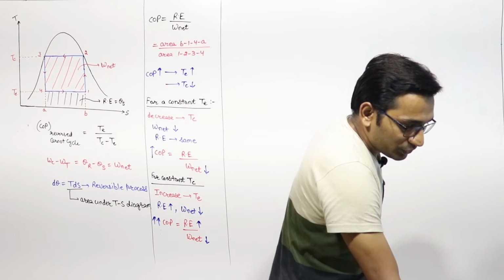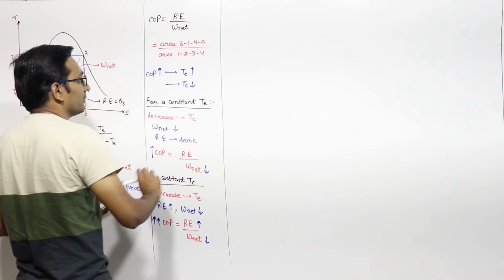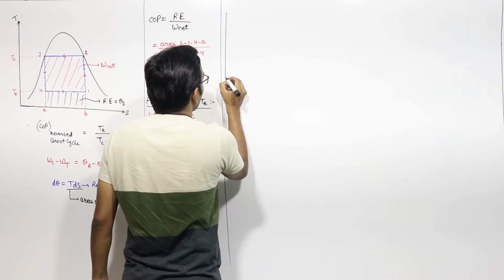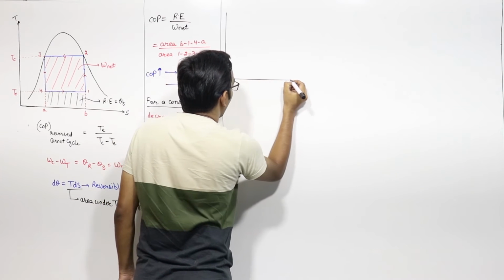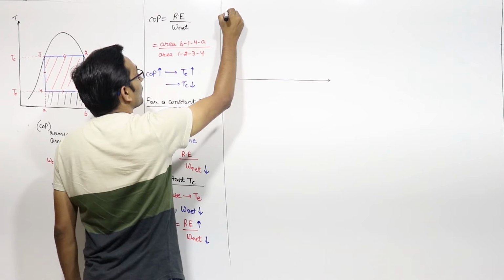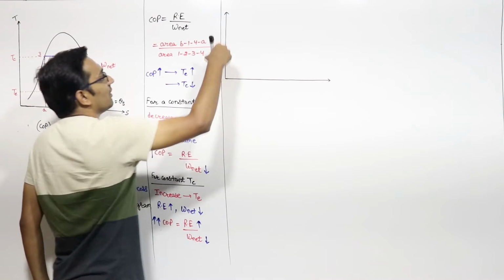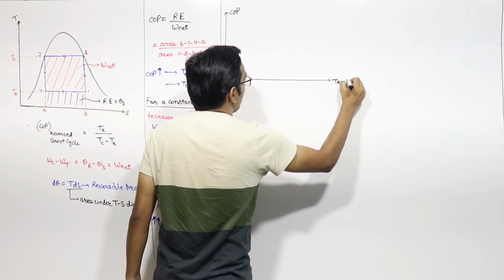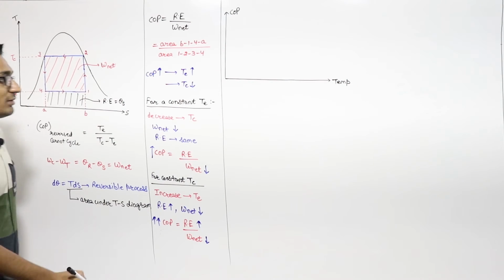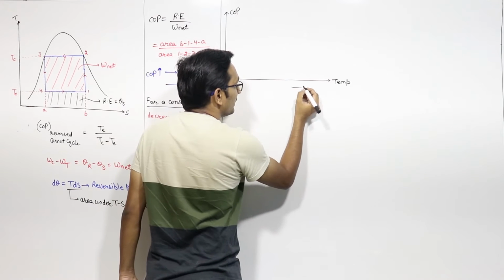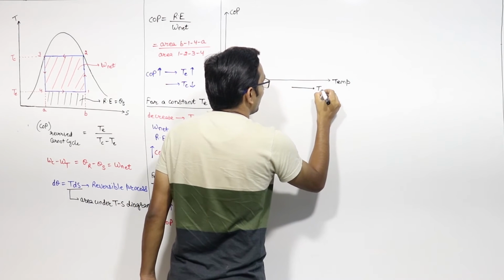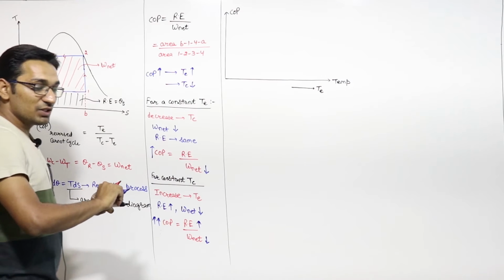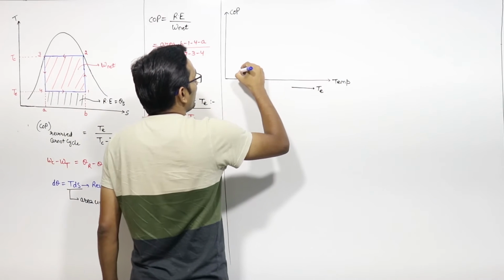Right? So if I make the graph that how this COP will vary with the condenser temperature and the evaporator temperature, let us say on this axis we have COP and on this axis we have temperature. Let us say in this direction evaporator temperature is increasing. So we can say that the COP will increase if you increase the evaporator temperature.